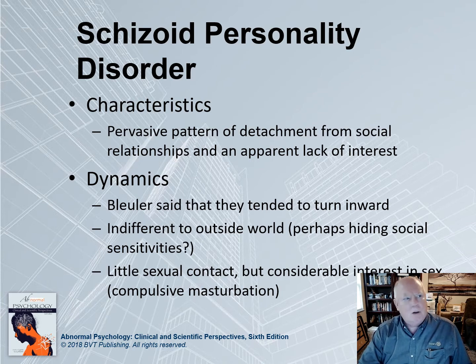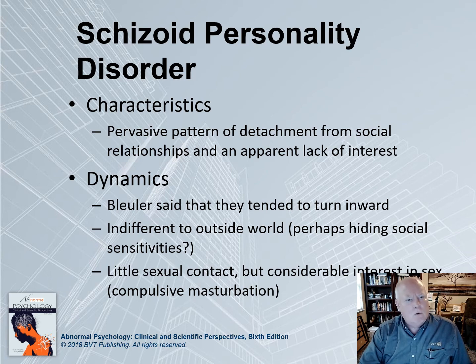In schizoid personality disorder, the defining characteristic is a detachment from other people and relationships with other people. The detachment is driven by a lack of interest, not by anxiety. So they tend not to want to have social relationships.